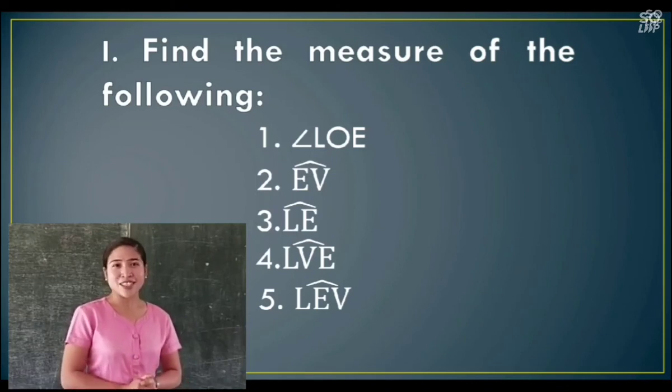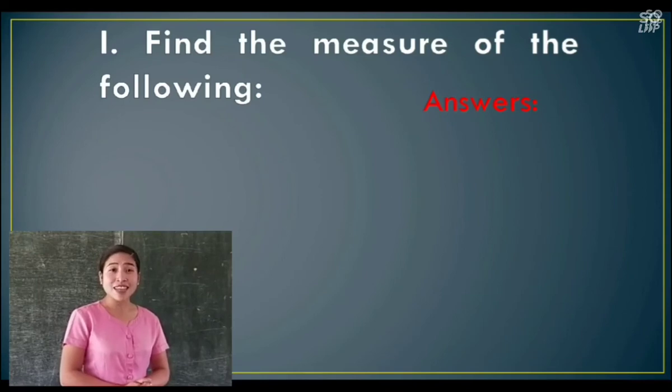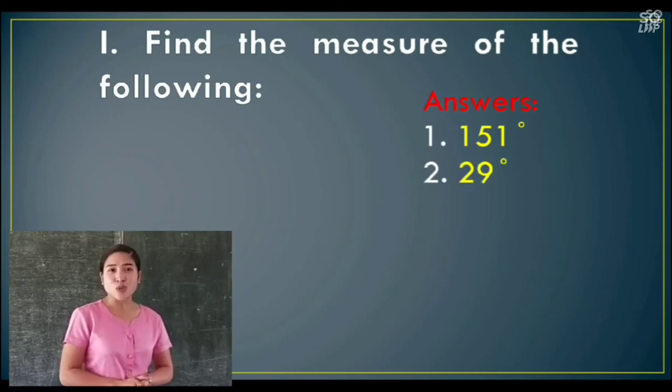Okay, let us answer. For number 1, the measure of angle LOE is correct, it's 151 degrees. How about number 2? What is the measure of arc EV? Great, it's 29 degrees.